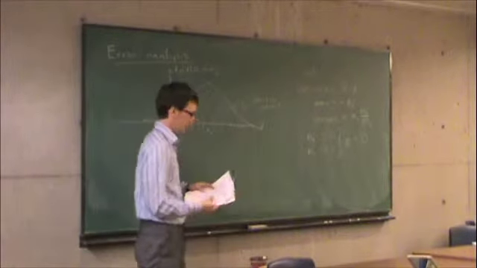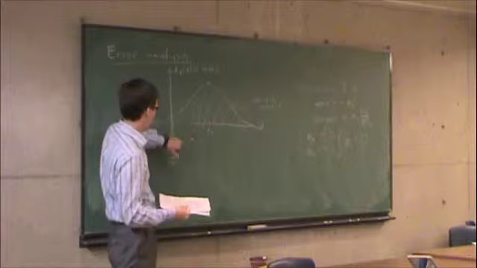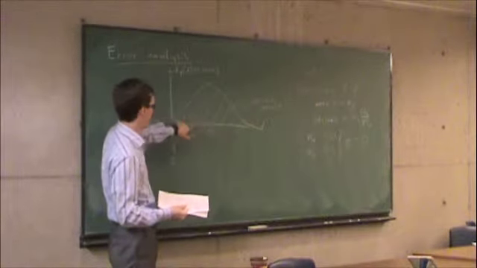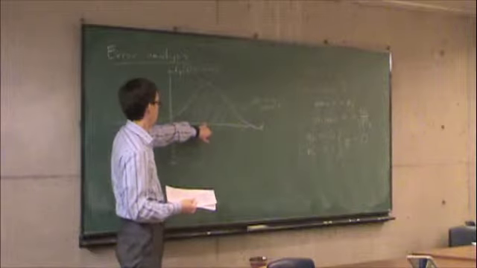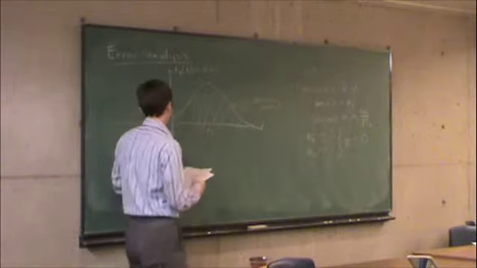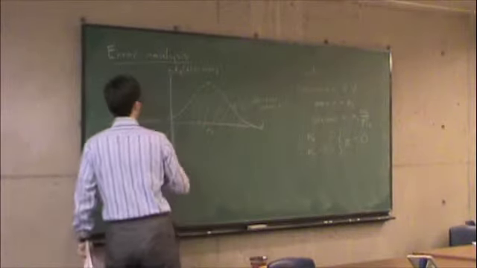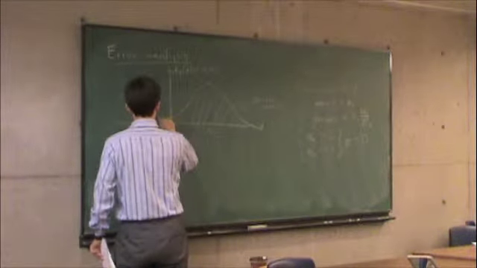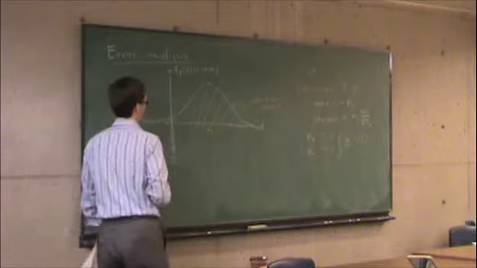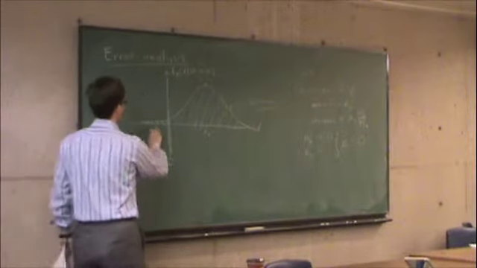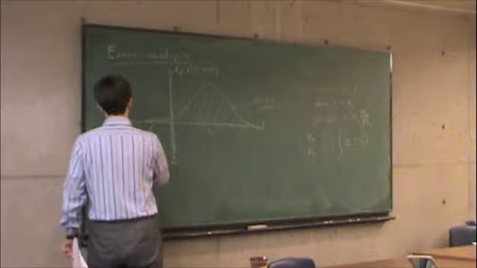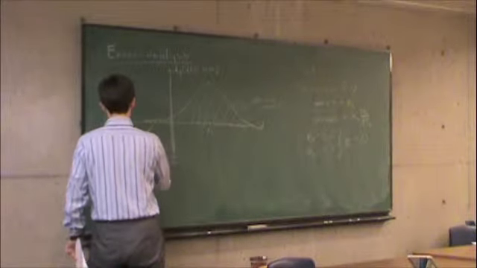So if the 0 was sent and the output of the filter is greater than 0, then I decide a 0, so that's correct. If a 0 is sent and the output of the filter is less than the threshold, less than 0, then over here I decide a 1, so therefore the decision is an error.